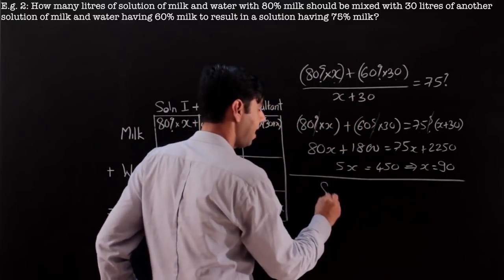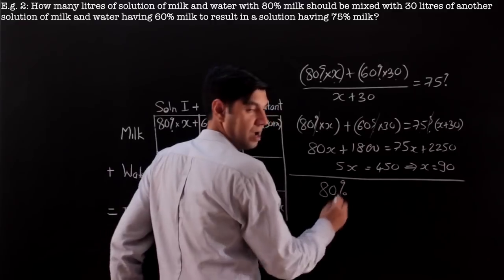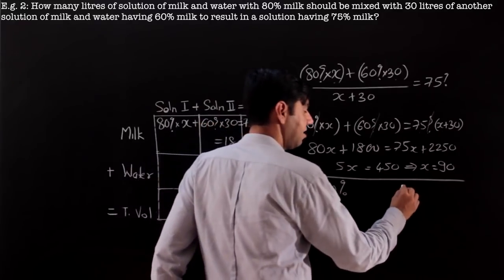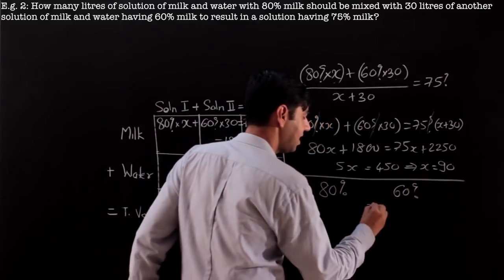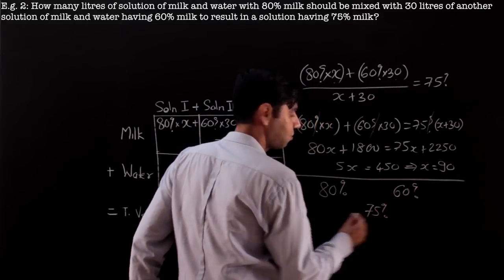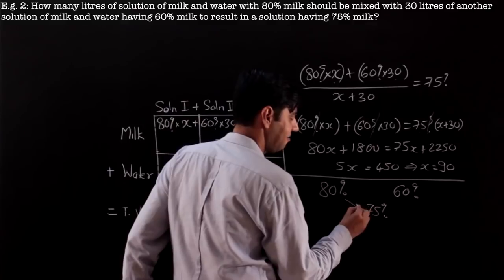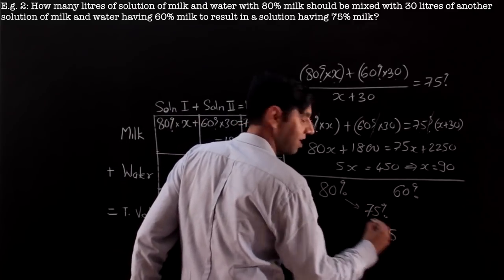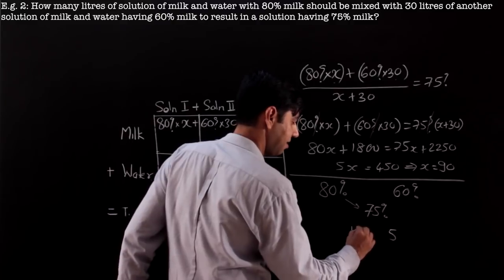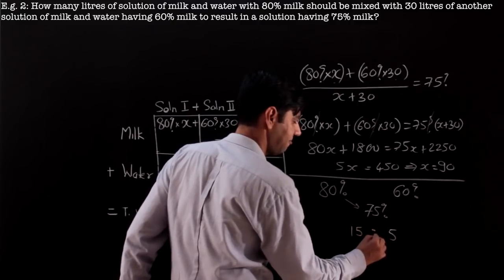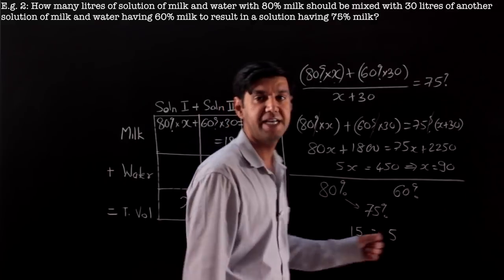Yes. One of them has 80% milk average, the other one has 60%, and I know that the resultant has 75%. So could I just do 80 minus 75, which is nothing but a 5, I write it to the other side. 75 minus 60 is nothing but 15, and this is going to be the ratio of weights.